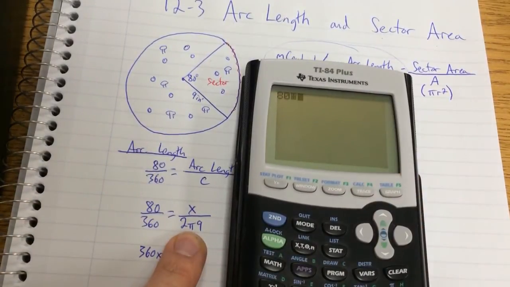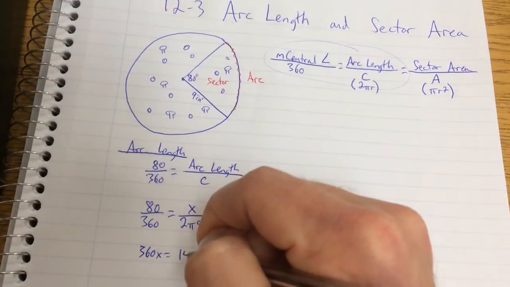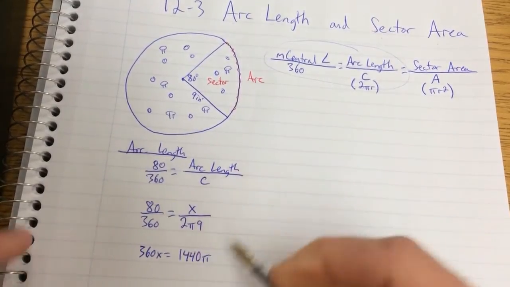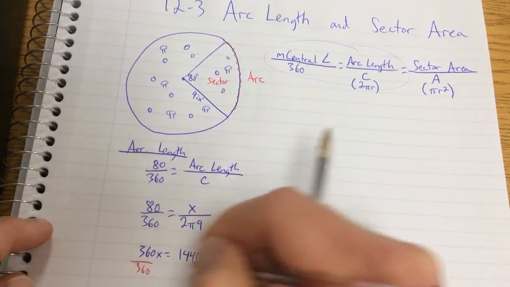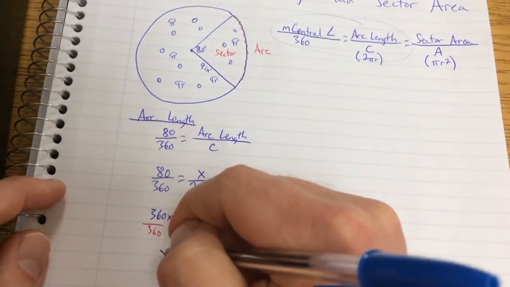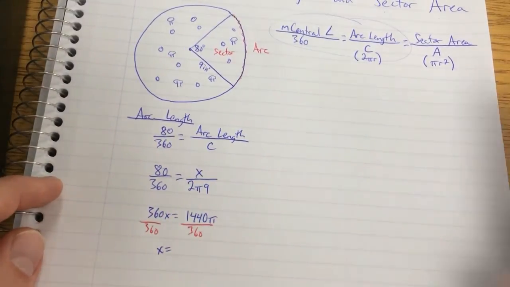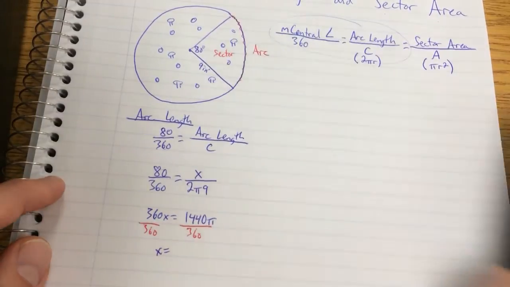So 80 times 2 times 9 will just be in terms of pi. I'm not multiplying pi in this. So I've got 1440 pi. And then I can divide by 360. So that's going to give me x by itself is 1440 divided by 360. I'm left with just 4.